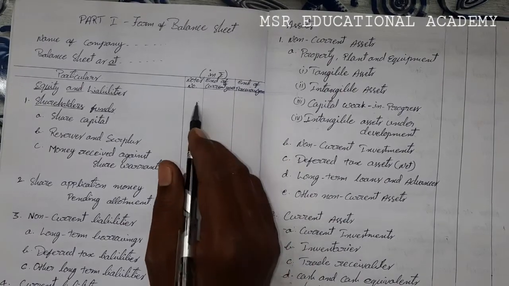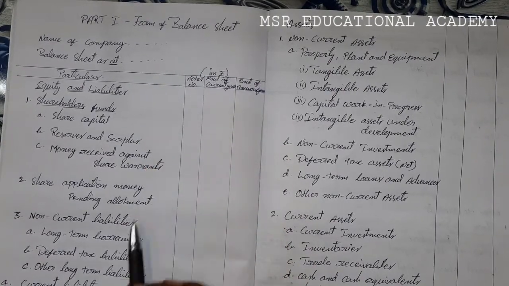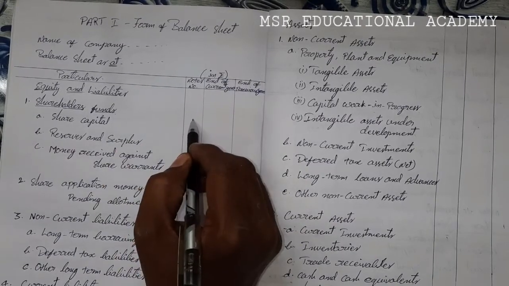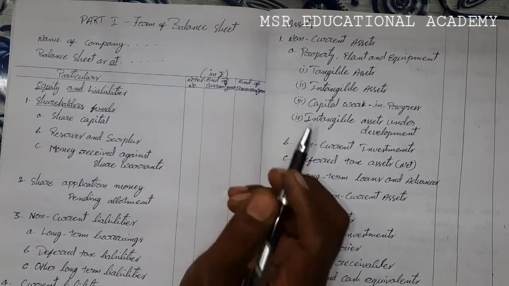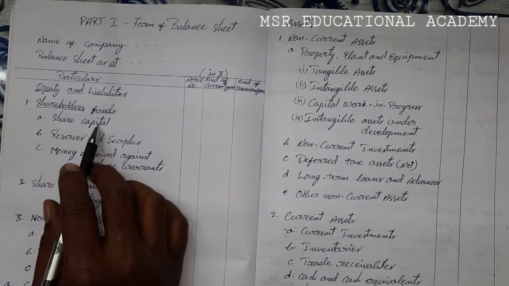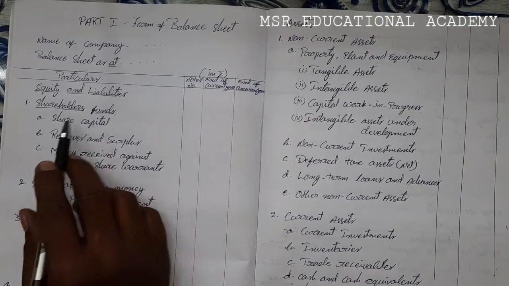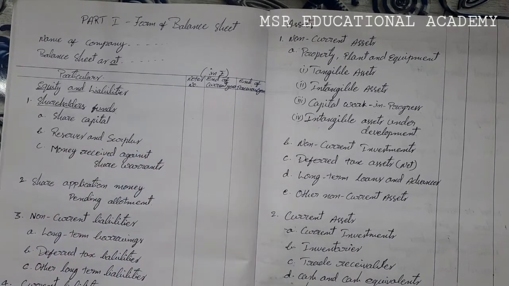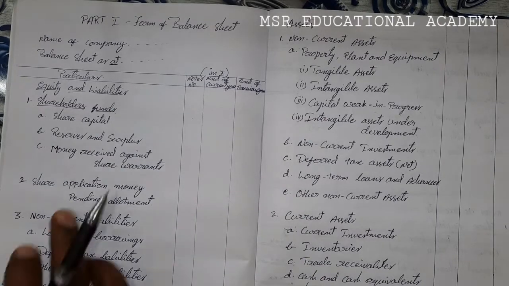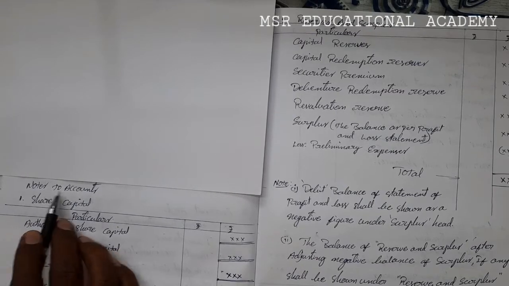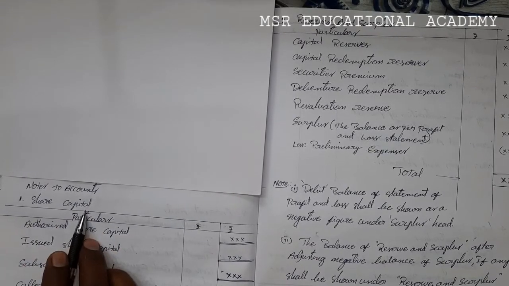We should write the notes number straight against the particular head. For example, whatever items come under share capital, that note number we should write here. This is the notes to accounts for the share capital heading.